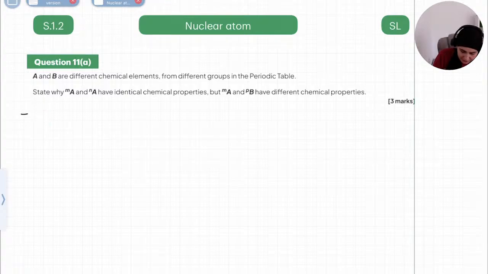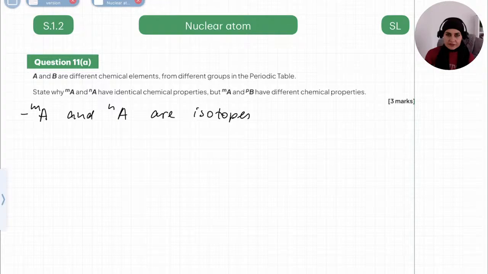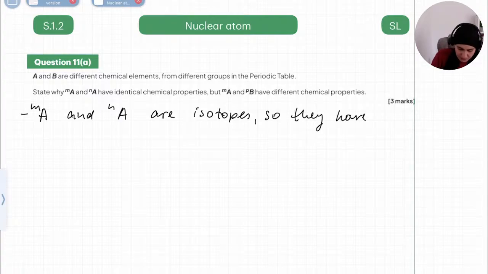So AM and AN are isotopes, which means that they have the same number of valence electrons. I would say that's the second mark. Okay, I will not write it as mark divided by mark.